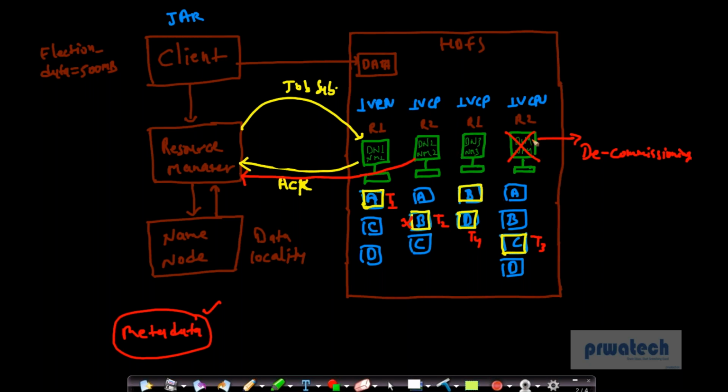Because earlier my cluster was having 4 slaves. If I decommission it, I will have just 3 slave machines. To satisfy this cluster size, I will commission it. I'll do commissioning with one data node. Okay, so this is a frequent activity.